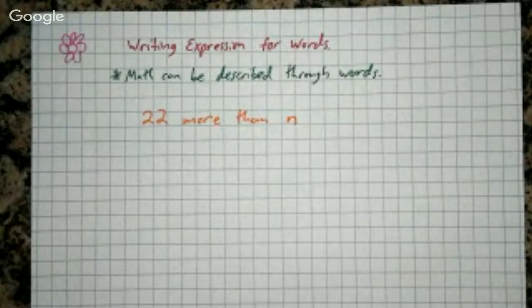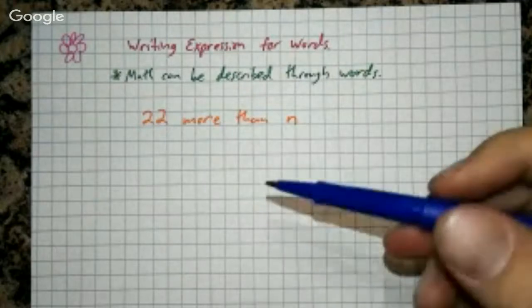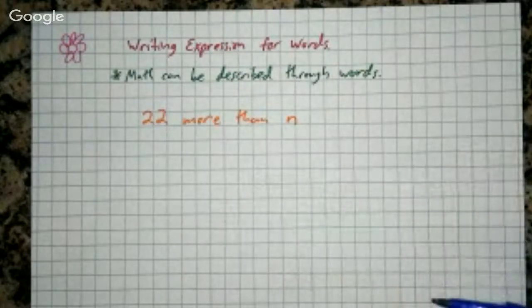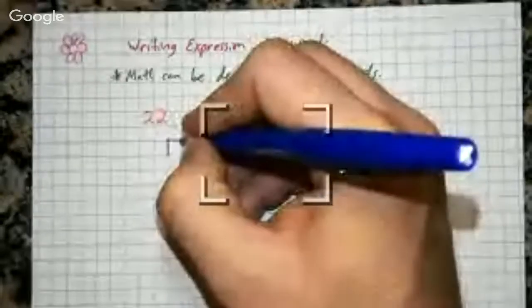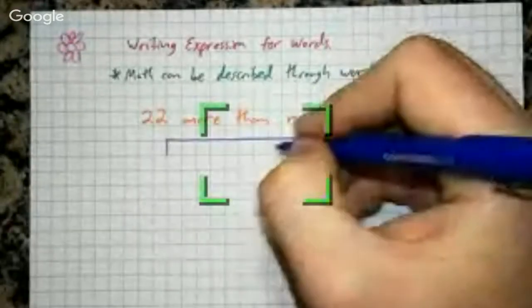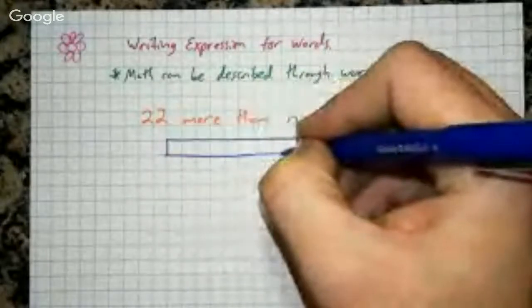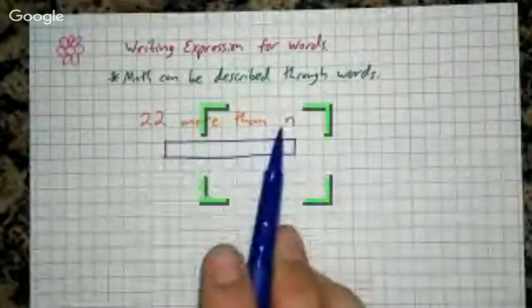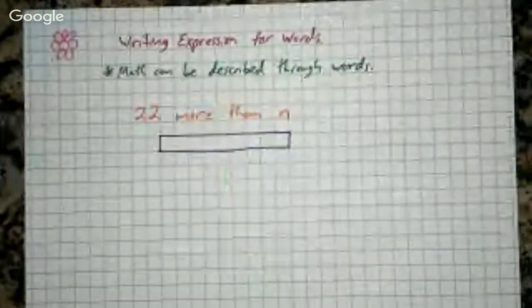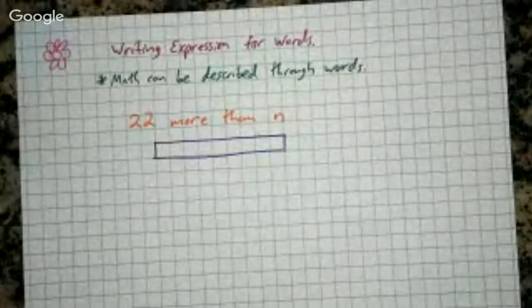So if there's something that is 22 more than n, I'm going to use orange and blue here because the Broncos are fantastic. And I'm going to create a visual representation of that. Those of us who are spatial, this is going to be nice. Those of us who are linguistic, that might be nice. Spatial, linguistic, we're all using this to learn our math.